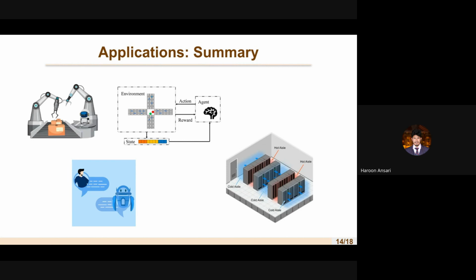So another example is the personalized chatbot experience that we see on a daily basis on many websites. We make a query and then the chatbot replies. It's a standard NLP problem, but chatbots extensively use RL to make the responses better according to what the human is responding. Similarly, there are other use cases also, like data center cooling.